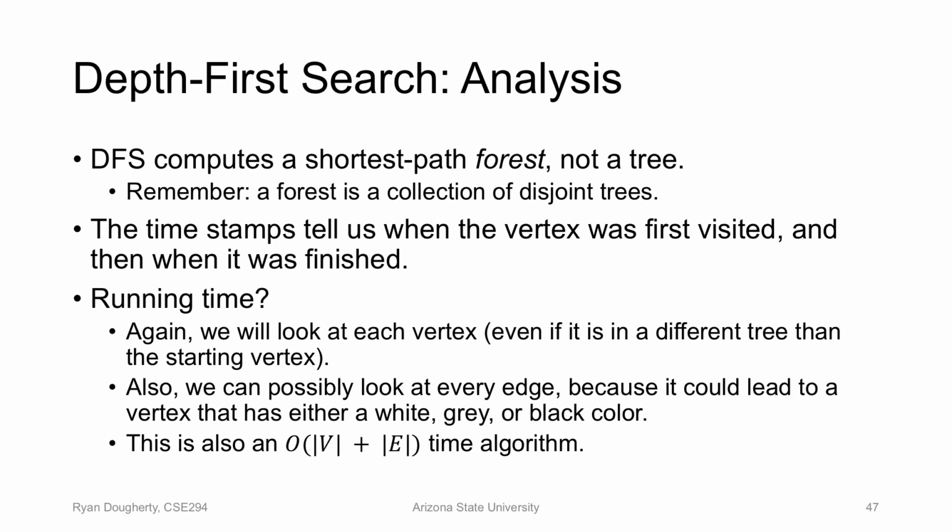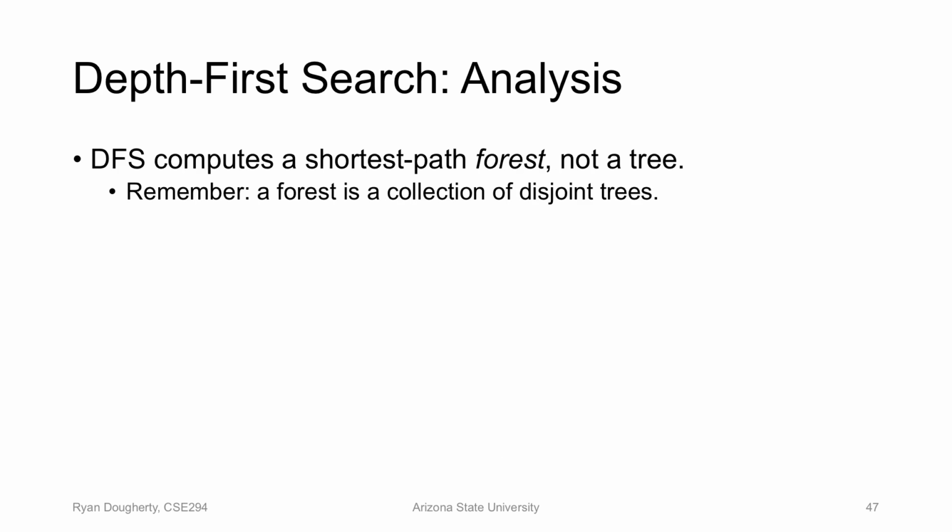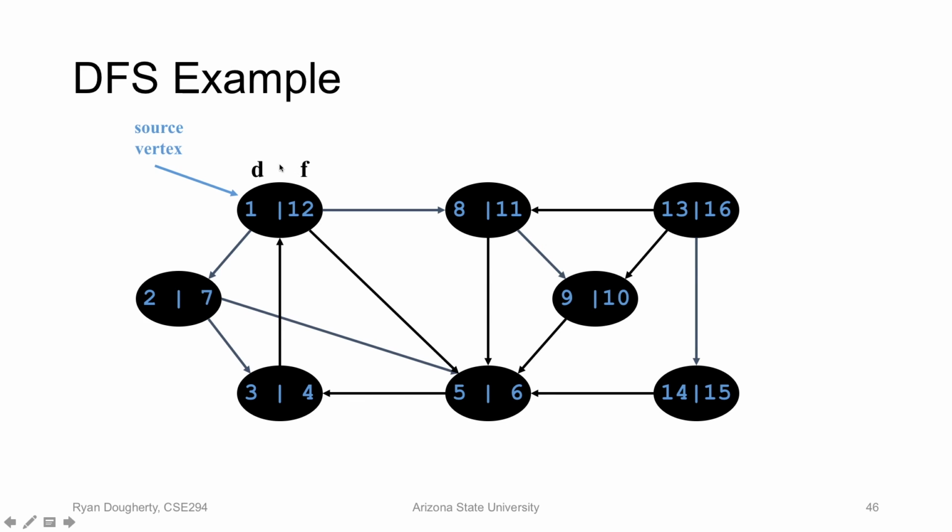So when you're running this, how would you know you have more than one tree? Do you know how the time basically continues, right? Yeah. So if you look at the running times, this one started at 1 and ended at 12. So any vertex that starts after 12 can't be in the same tree, right?